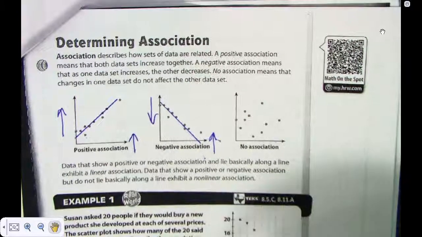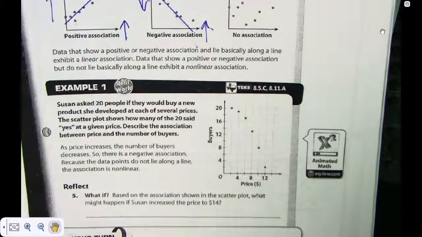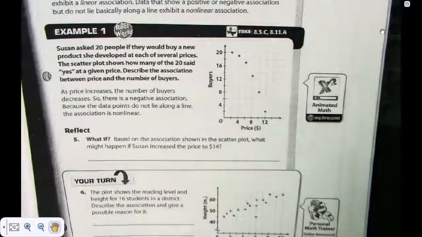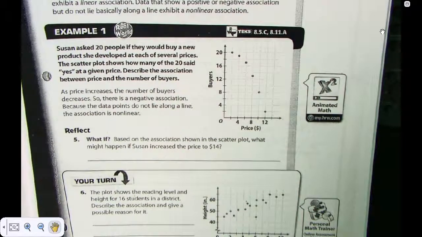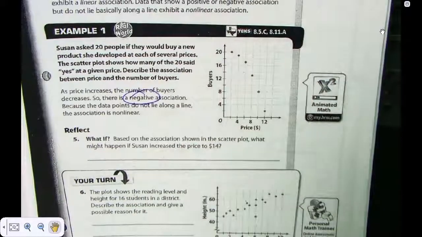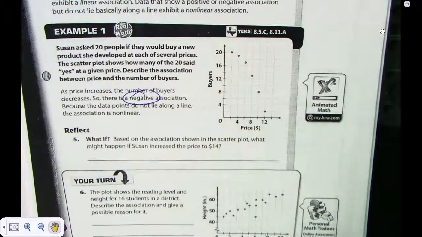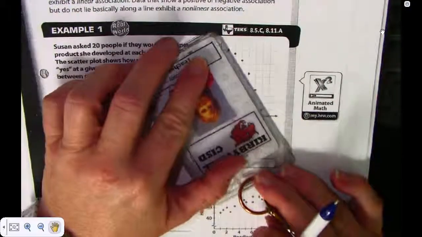Okay. So let's look at Susan. She has a new product she's selling. Okay, what are you thinking? What's happening? It's going down. It's negative. Everybody go circle it. Are they linear?